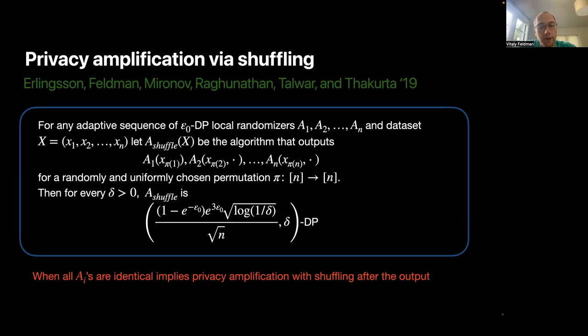But in the motivation that I've described, the randomizers are identical, at least typically. And in this case, it doesn't matter whether you shuffle before or after. For identical randomizers, it doesn't matter whether you shuffle the data before or after applying the randomization.